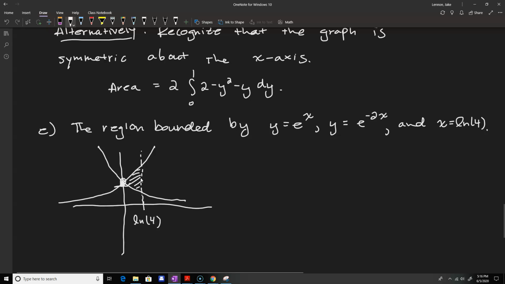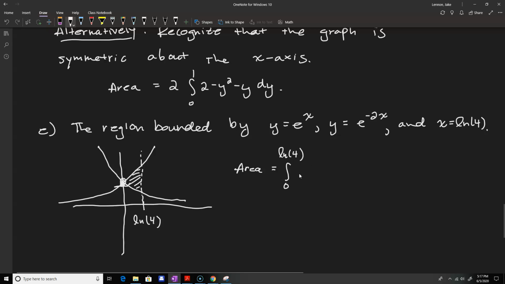So essentially what we want to do is integrate using x as the variable, going from 0 to the natural log of 4. So let's go ahead and set that up. So our area here looks like it is going to be the integral from 0 to the natural log of 4.